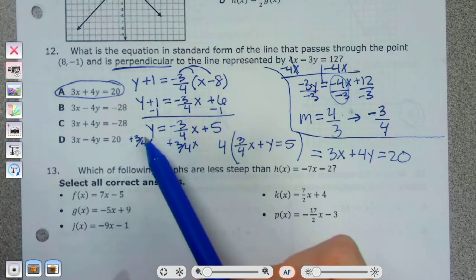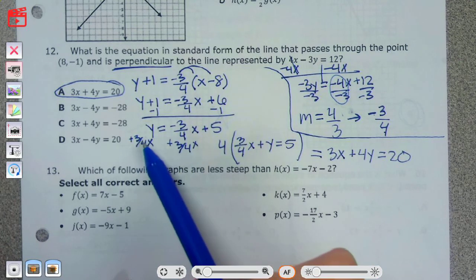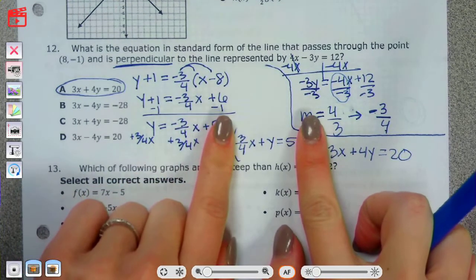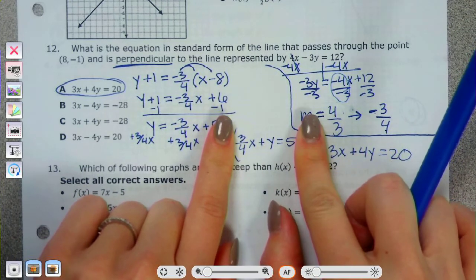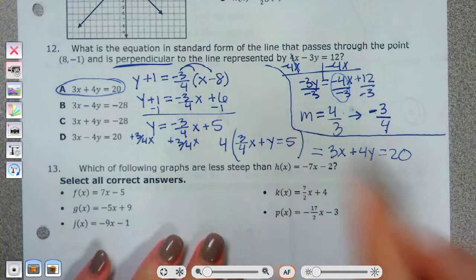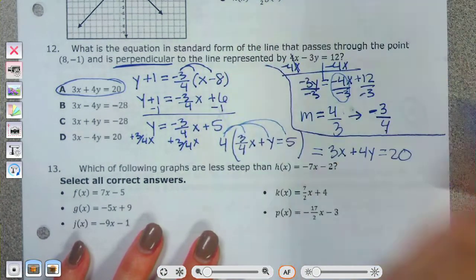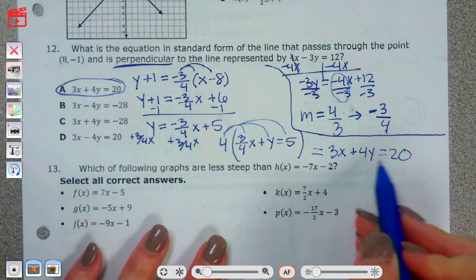Luckily, we didn't even have to deal with the negative because this is minus right here, so it ends up being positive on this side because you had to do the opposite. But then we end up getting this equation right here, and we notice that there's a 4 on the bottom. It's a fraction. So to get rid of the fraction, you've got to multiply by what is on the bottom. And when we distributed and multiplied all of these things by 4, we ended up with 3x plus 4y equals 20.